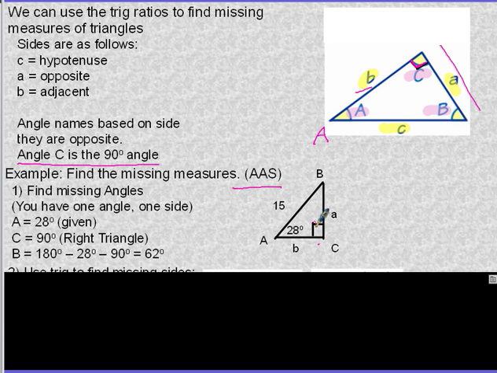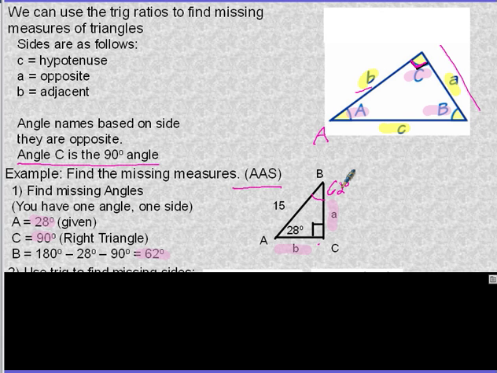Here I told you that A is 28, and now I want to find all the missing measures, so that means we're going to have to find angle B, and we're also going to have to find sides b and a. So angle B is easy. We know the triangle sum theorem, so we subtract our 28 and 90 from 180 to get angle B is 62 degrees. So that one's easy.